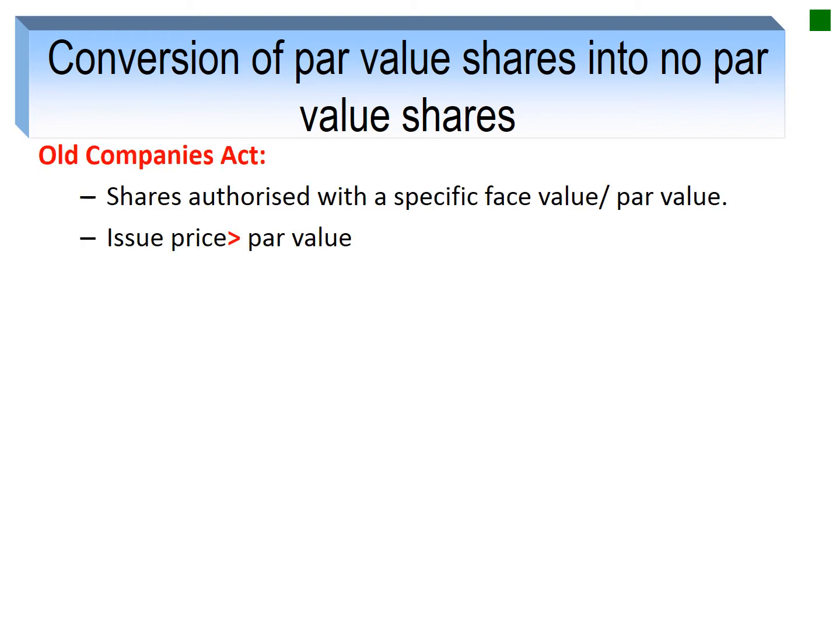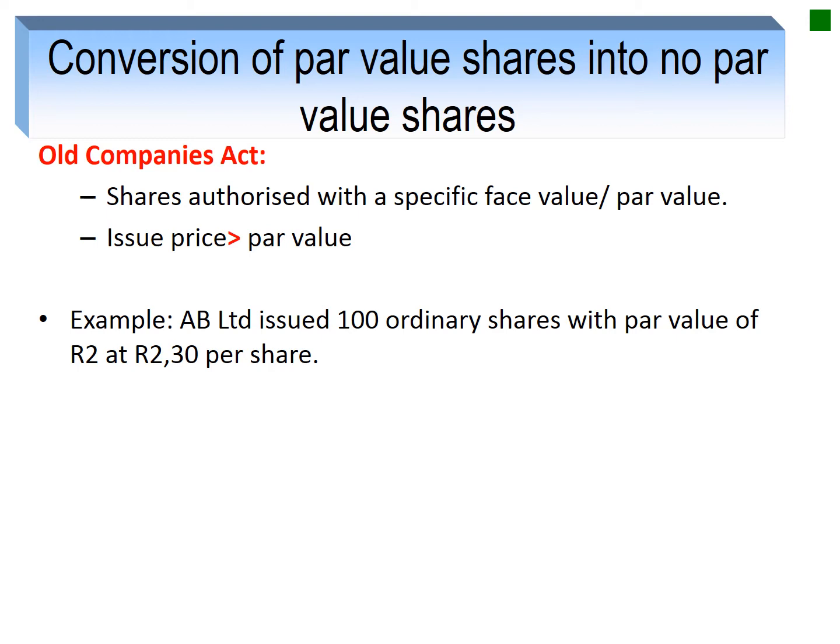So in the old Companies Act, when you registered your company, you authorized the number of shares that you had in your company with a specific face value or par value. So let's say you decided that you were going to set up your company with shares with a par value of R2. Then the issue price, when you finally do issue your shares, let's say you're issuing them now for more than par value.